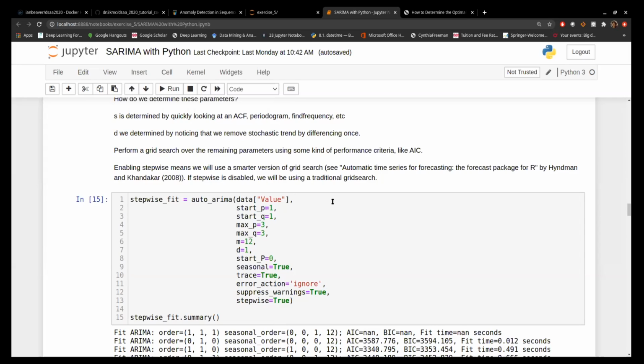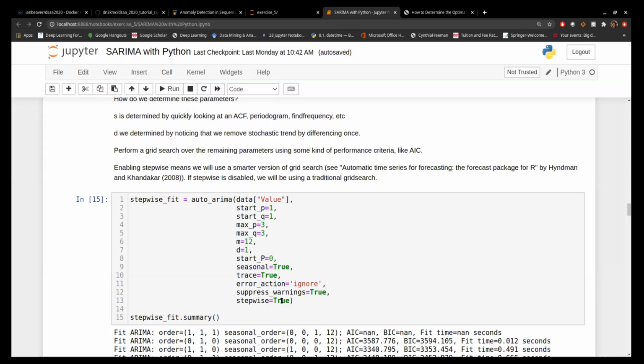We can choose to initialize some of the parameters and also set limits on how large they can be. Enabling stepwise means we're going to use a smarter version of grid search. You can understand a little more about how that smarter version works in a paper reference that I include in a tidbit section at the end of this notebook.